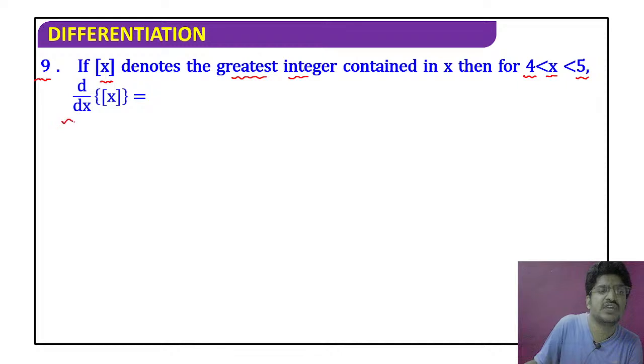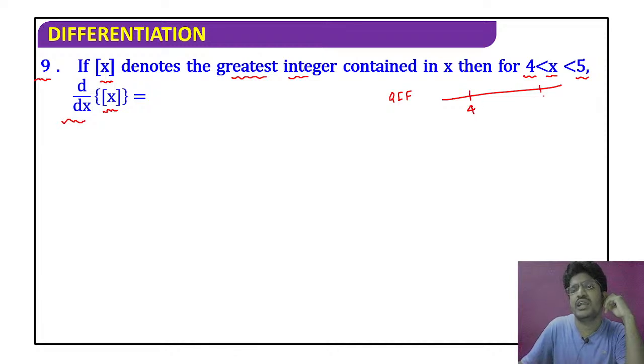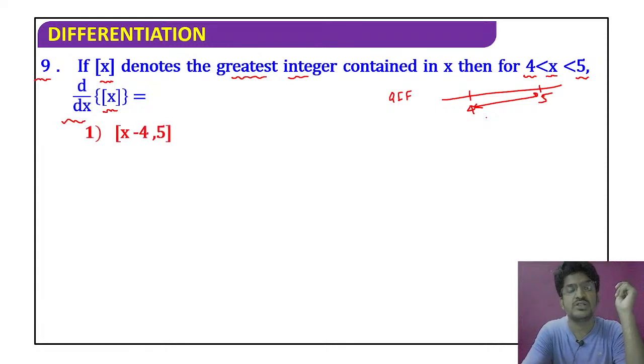Then what is the differentiation of the greatest integer function? Here you must know what the greatest integer function is. x is in between 4 and 5. If you know the definition of the greatest integer function, in one second you can answer this. Anyways, I will give you options also, don't worry. Tell me what is the answer.